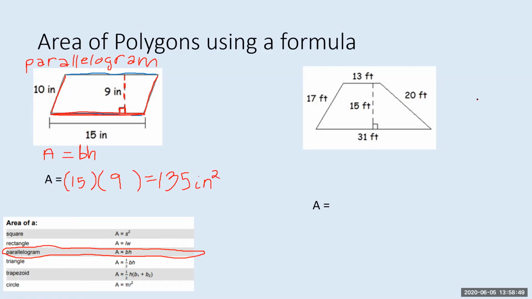All right, let's move on to the second shape we've got here. So this shape is a trapezoid. So a trapezoid is a 4-sided shape with only 1 pair of parallel sides. So that's what's special about trapezoids. They're 4-sided and they have just 1 pair of parallel sides.